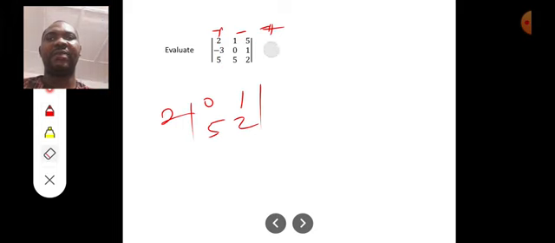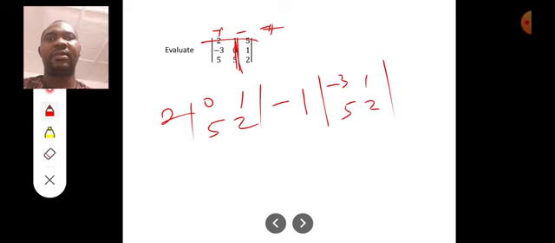Then minus 1: eliminate elements in the same row and column as 1. What do I have left? Minus 3, 1, 5, and 2. The next one is 5, that means plus 5. Eliminate elements in the same column and row as 5. What do I have left? Minus 3, 0, 5, 5.